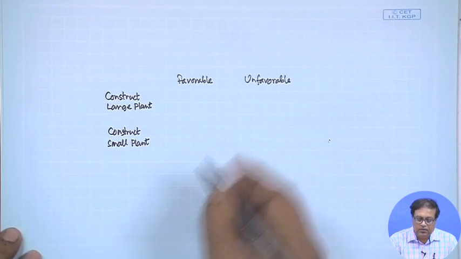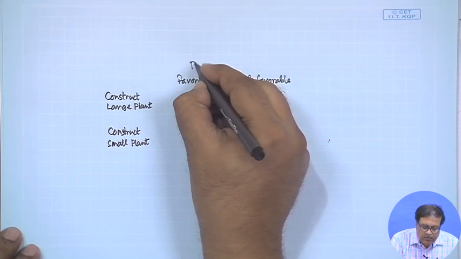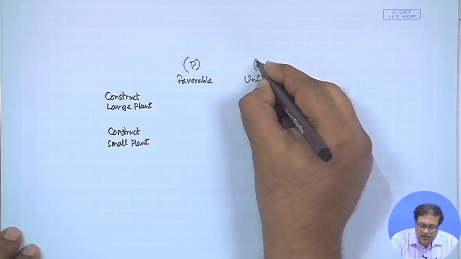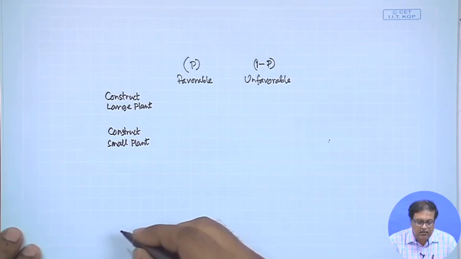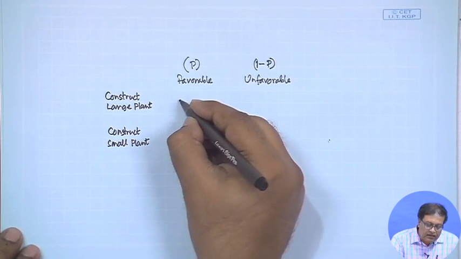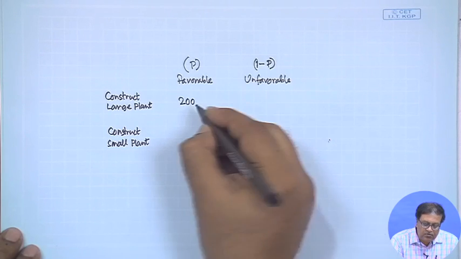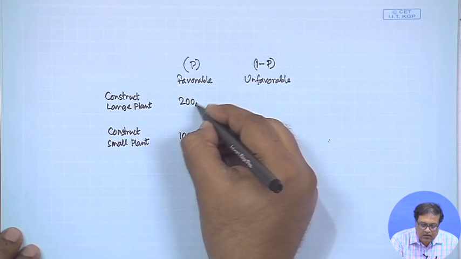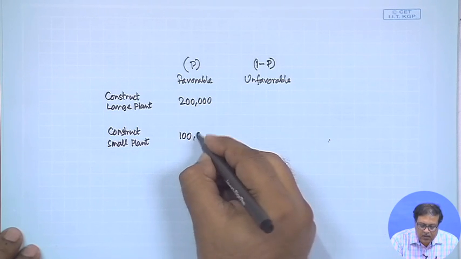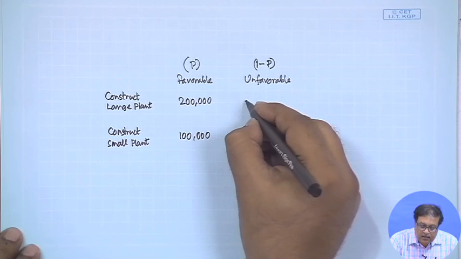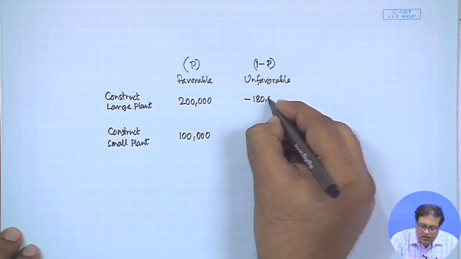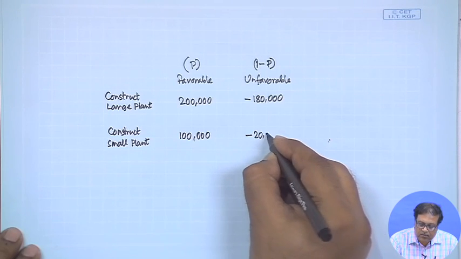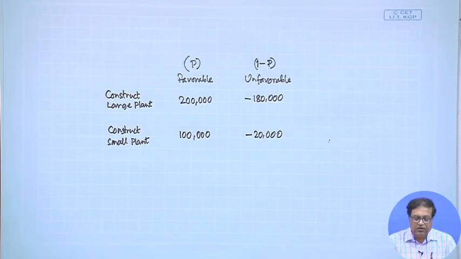Supposing the probability is not unique, rather we say it is P and 1 minus P, and these are our payoffs: 200,000 and 100,000, and here minus 180,000 and here minus 20,000. So, these are our payoffs.